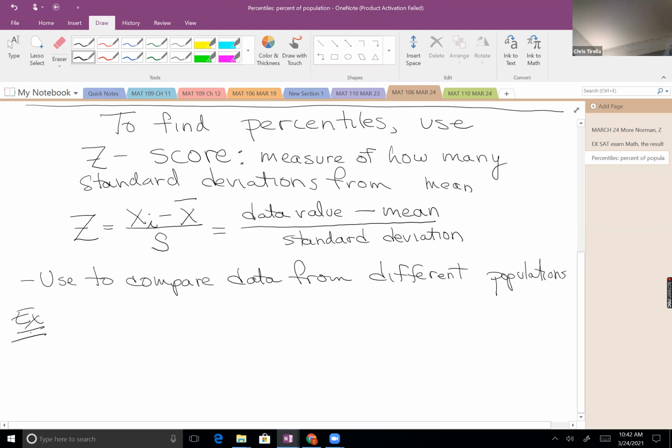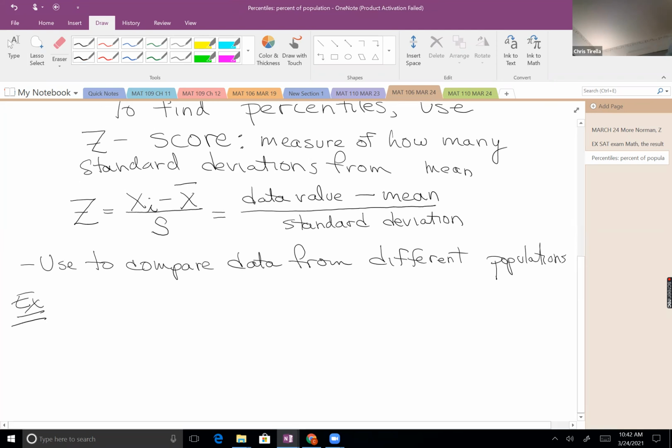So what do I mean, compare different populations? It's kind of like that idea of, you ever heard the expression, how do you compare apples and oranges? They're different. But to compare them, we're going to compare each of them to their population and see which is more outstanding.